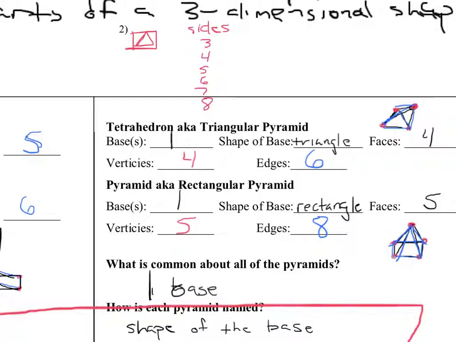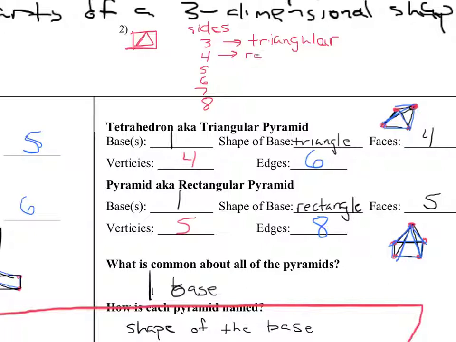So a shape with 3 sides is called a triangle. So we would call it a triangular prism or pyramid. A 4-sided shape is actually called a quadrilateral, but we're going to see all these shapes.